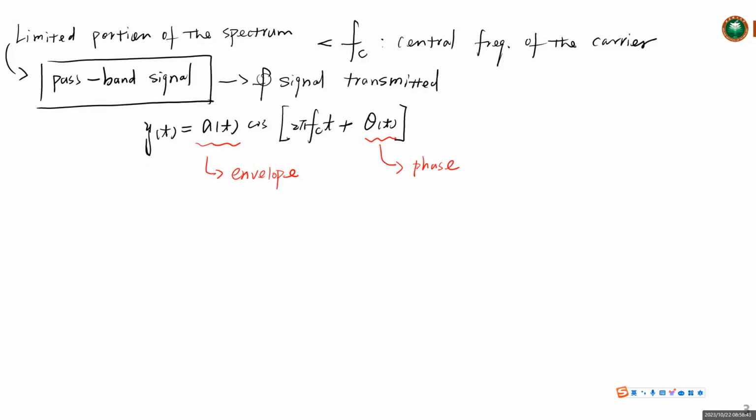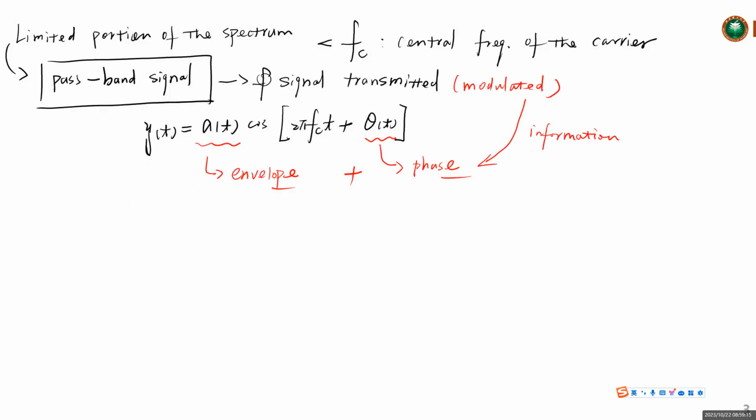For the transmitted signal, we can also call it modulated. The information is contained in the envelope and in the phase.